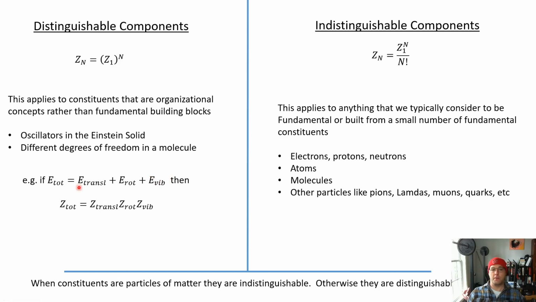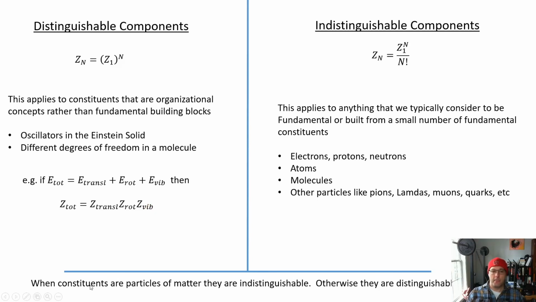If you put these things inside the expression for the canonical partition function, you would do the same analysis that we did in the last mini lesson, and you would come out with the total partition function, including all of these degrees of freedom, being the product of the partition function for the translations times the partition function for the rotations times the partition function for the vibrations.